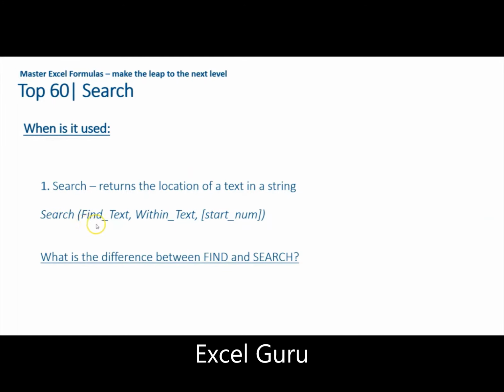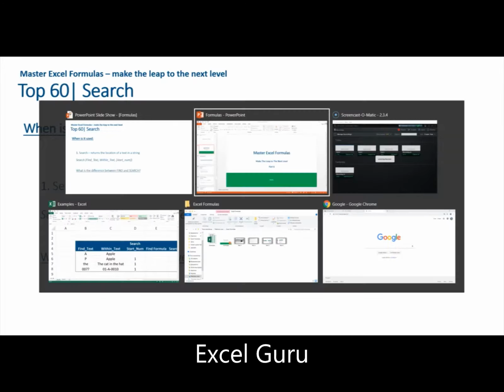First of all, we need to specify the text that we want to find, then within what text we need to find it, so that's our string, and the optional thing here is the starting number or starting position. Now let me give you an example.